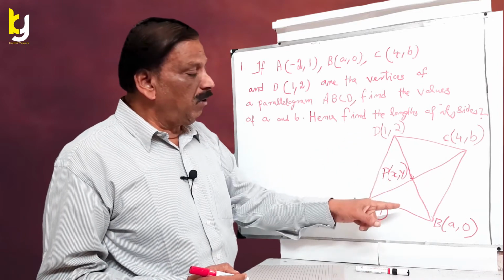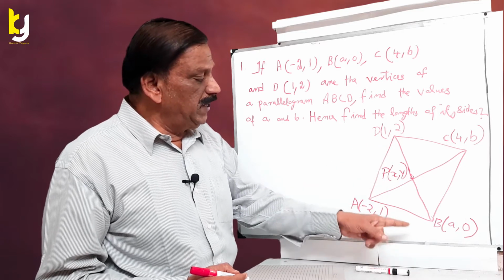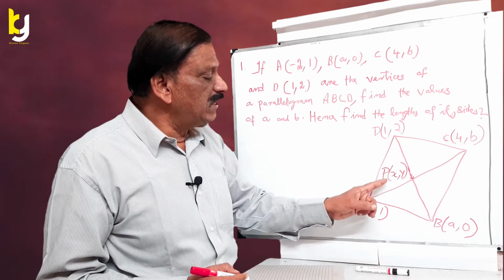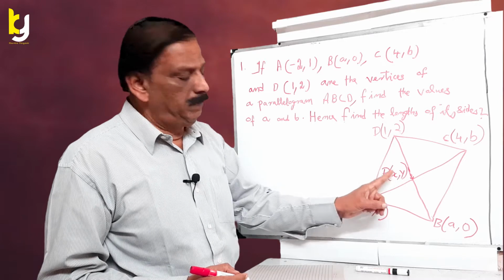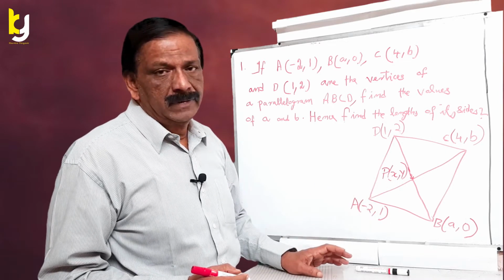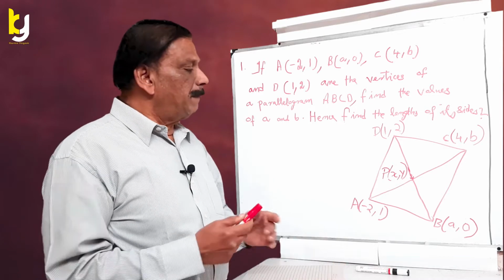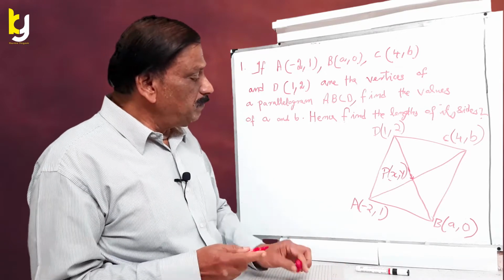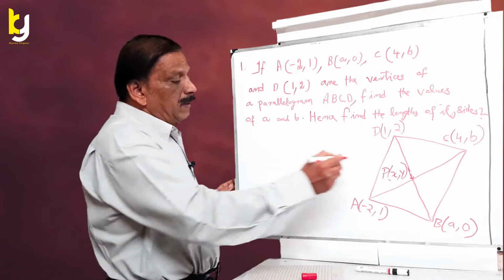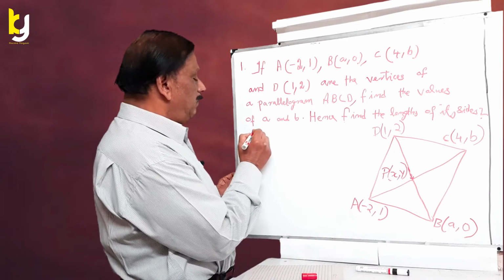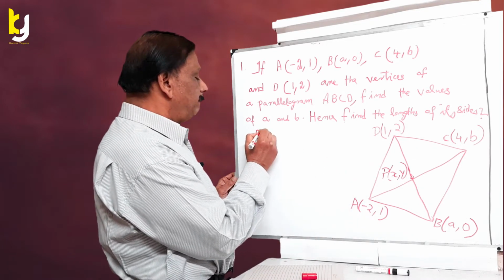Let the midpoint of BD and AC be P(x, y). In a parallelogram we know the diagonals bisect each other.